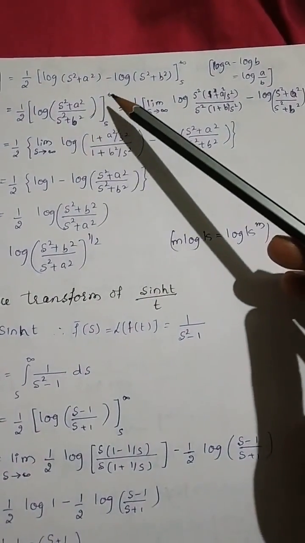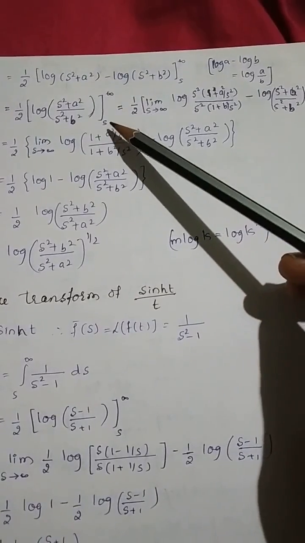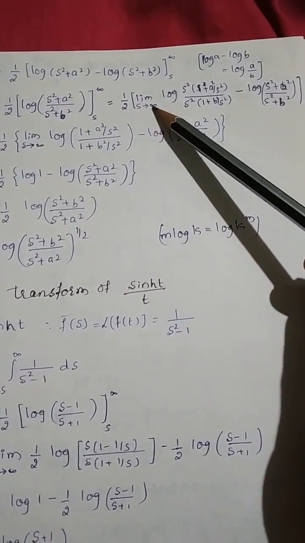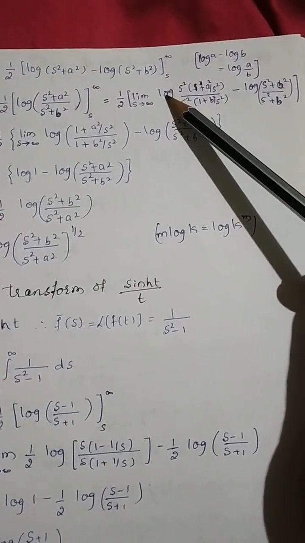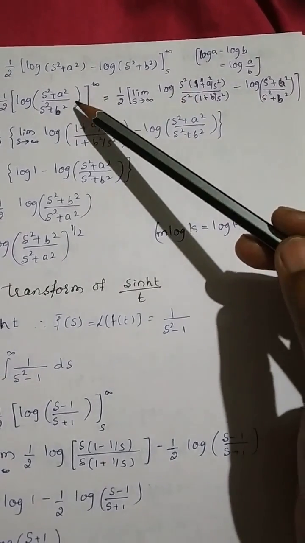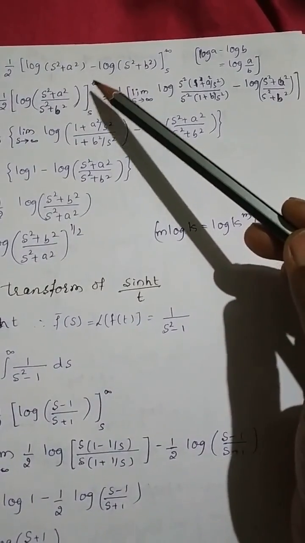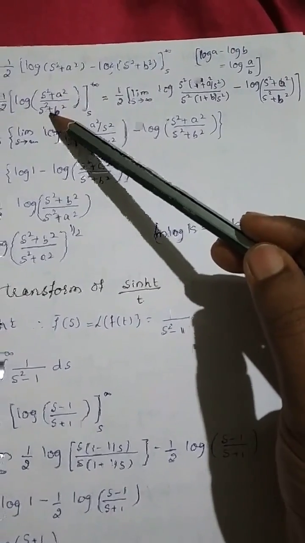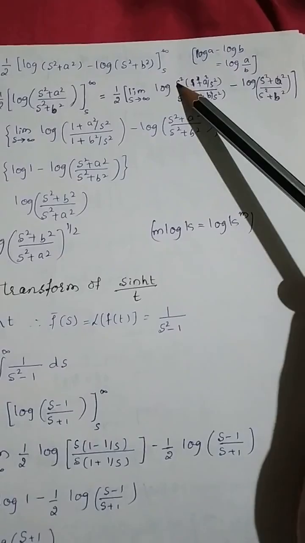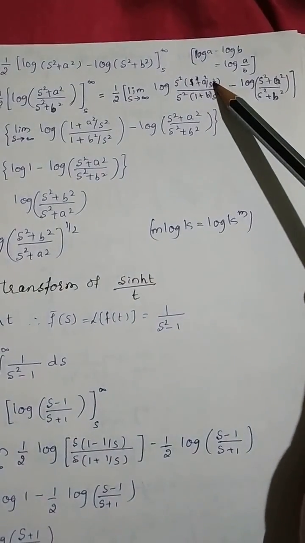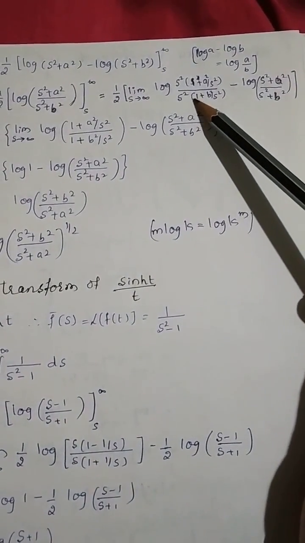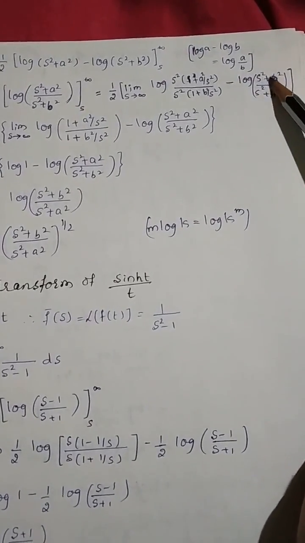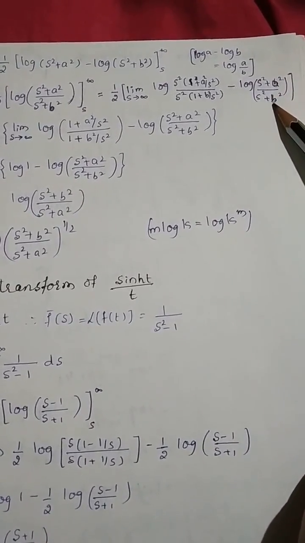Next I want to put the limits, upper limit infinity, lower limit s, that is 1 by 2 into bracket, limit s tends to infinity of log of, here since I want to put the limit infinity, I am taking s square common from this term and s square common from this term, that is s square into bracket 1 plus a square by s square upon s square into bracket 1 plus b square by s square, minus log of s square plus a square upon s square plus b square.